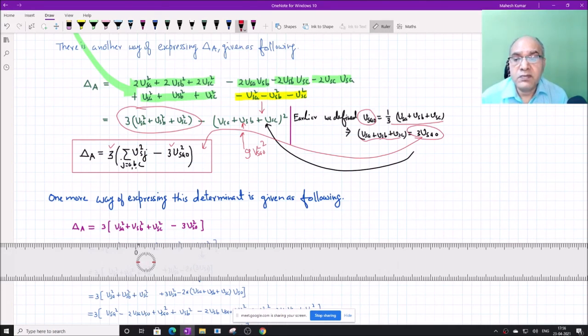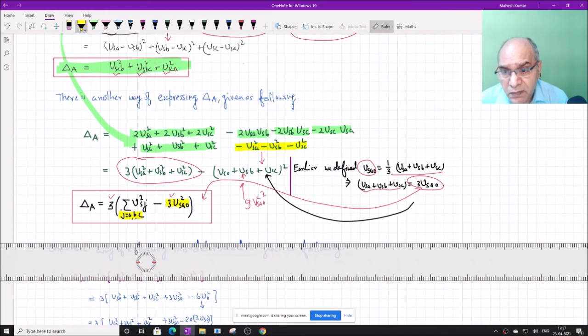Therefore, the determinant of matrix A can also be written as 3 into the whole bracket sigma VSJ square for J is ABC minus 3 VS0 square. So we now know the matrix determinant delta A.